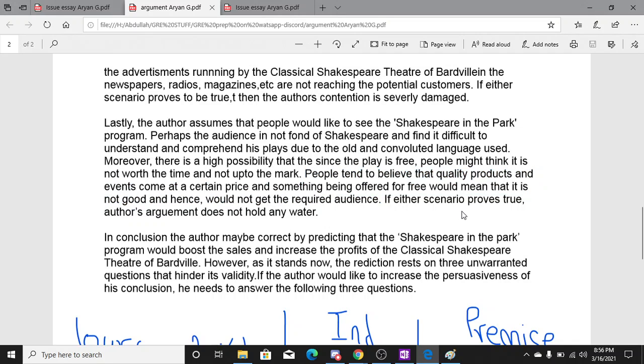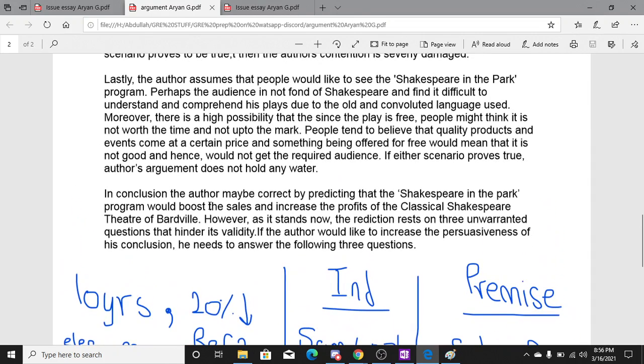Anyway, if either scenario proves true, the author's argument does not hold any water. Good, I like it. The reason is sound, the logic is sound. He's considered different alternatives. This essay has probably done a way better job than the previous one. Okay, in conclusion, the author may be correct in predicting that the Shakespeare in the Park program would boost the sales and increase the profits of the Classical Shakespeare Theater of Bardwilly.